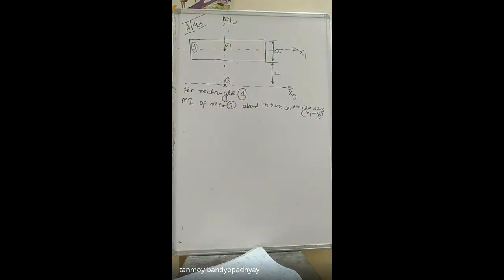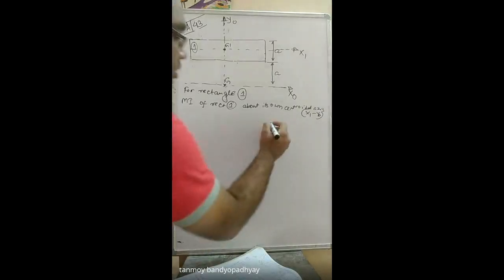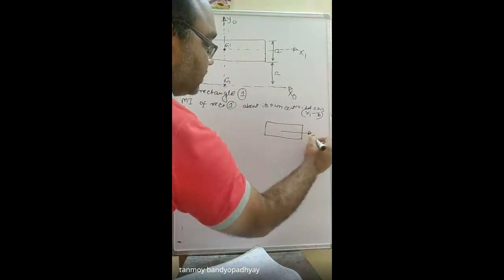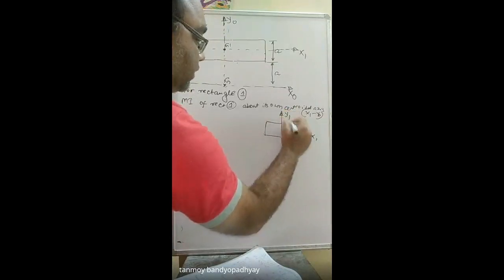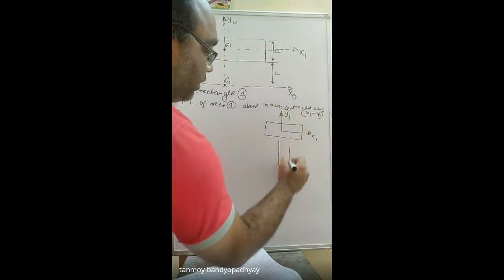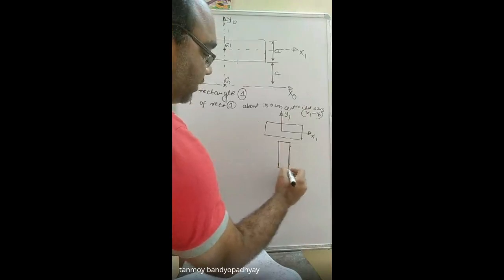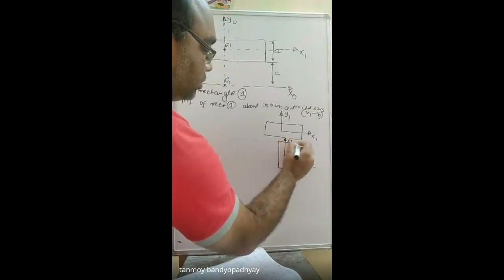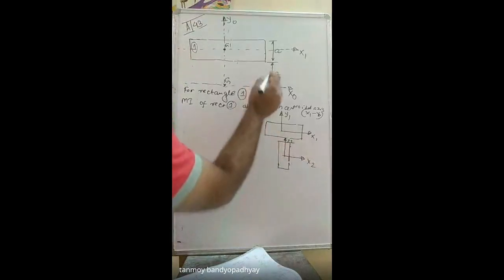Do you understand? Suppose we have this rectangle. For rectangle 1 this is the axis system, so I'm calling it x1 y1. For the second element, if I separate them, you have x2 and y2. I hope you understand x2 is equal to the actual x0.